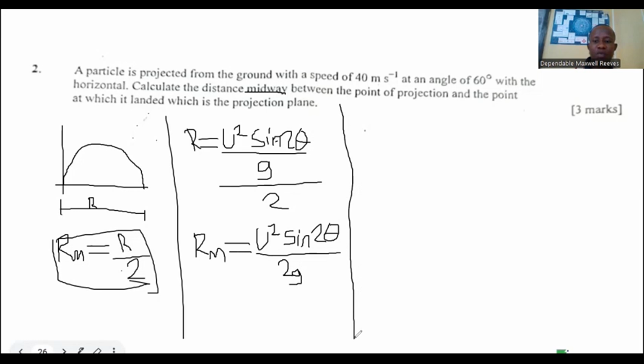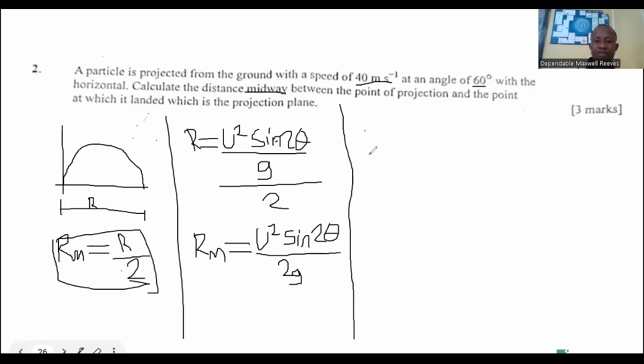Now, let's substitute our values and see. In the question, we have the initial velocity equal to 40 m/s, and the angle of projection is 60 degrees.